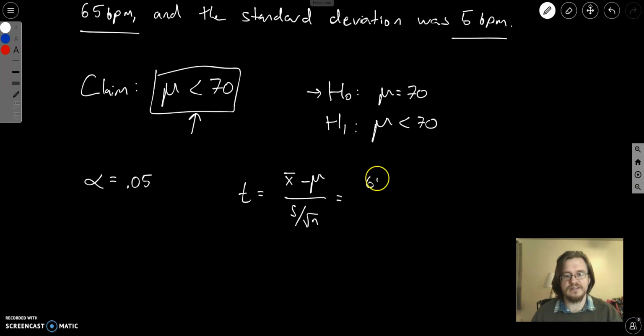So plugging all this in, this is 65 minus 70 over 5 divided by the square root of 105. And this is approximately equal to negative 10.25.